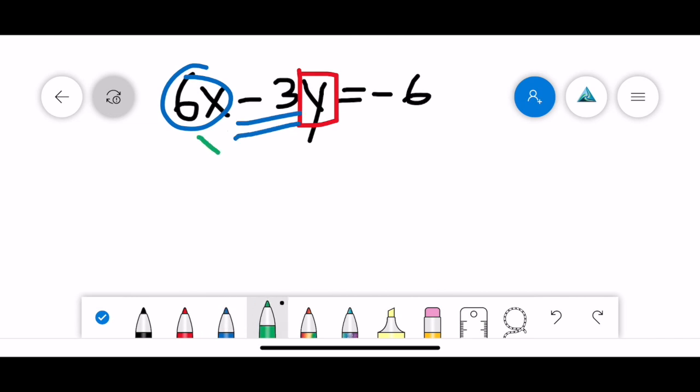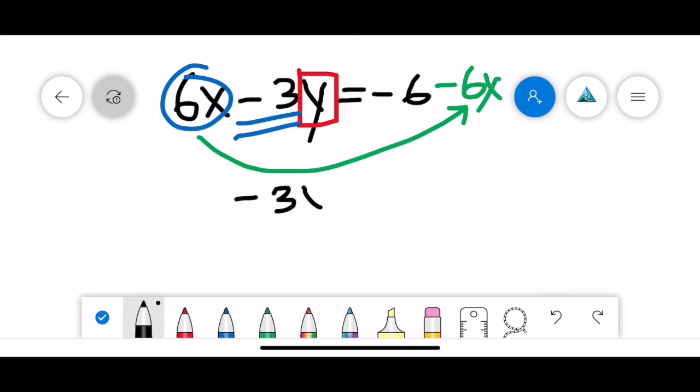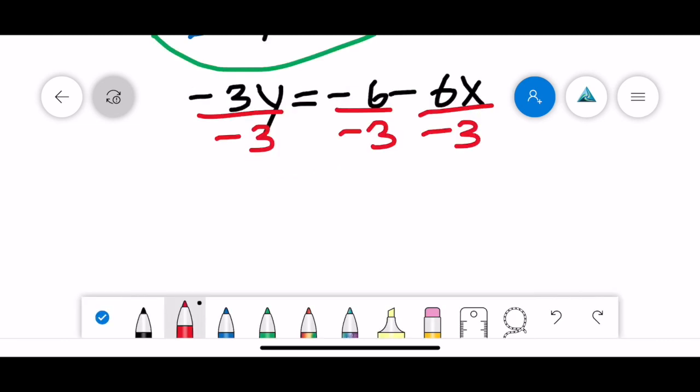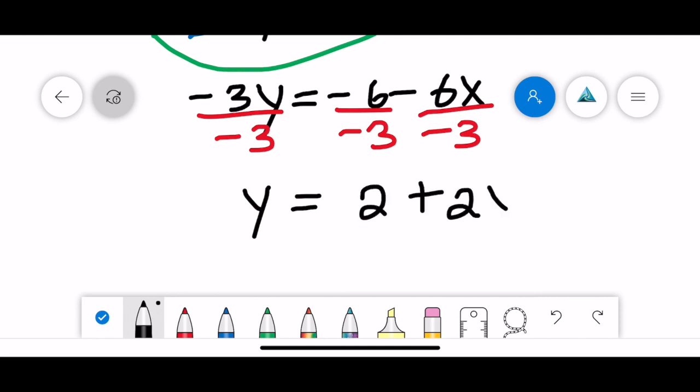To get rid of the 6x, I'm going to move it to the other side and make it -6x, which results in -3y equals -6 minus 6x. To get rid of the -3, I will divide all terms by it. Here, also divide -6 by -3 and another -6 by -3. This gives me y equals 2 plus 2x.